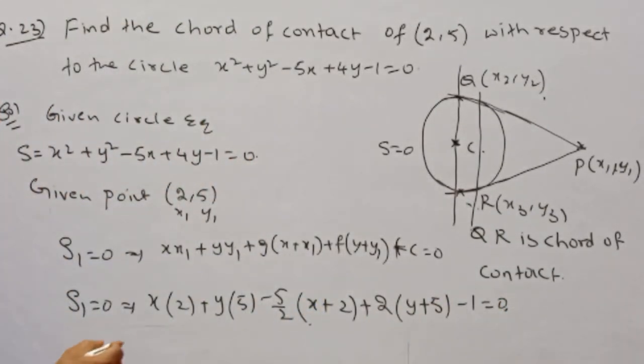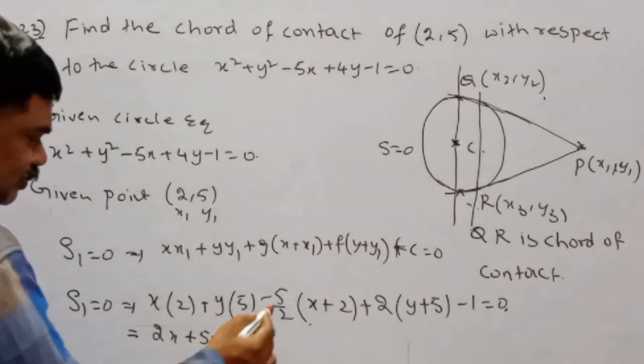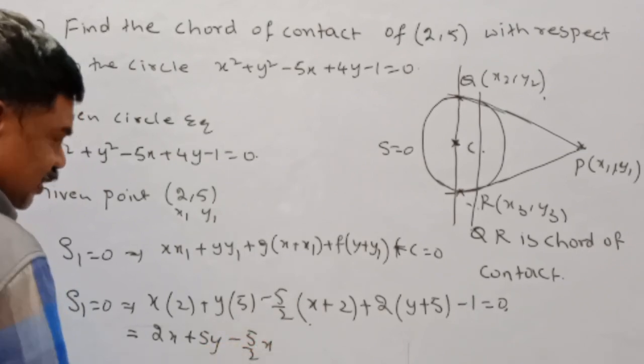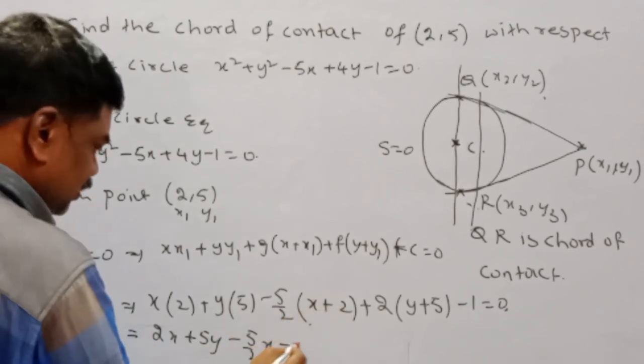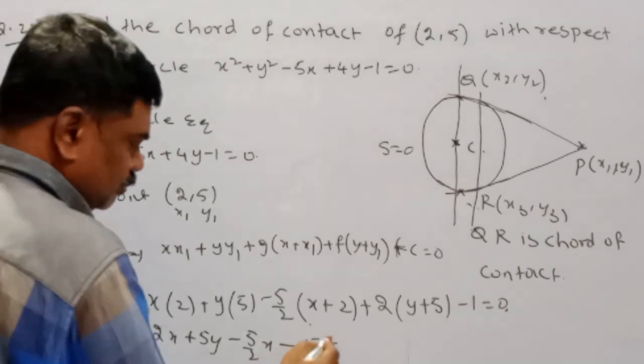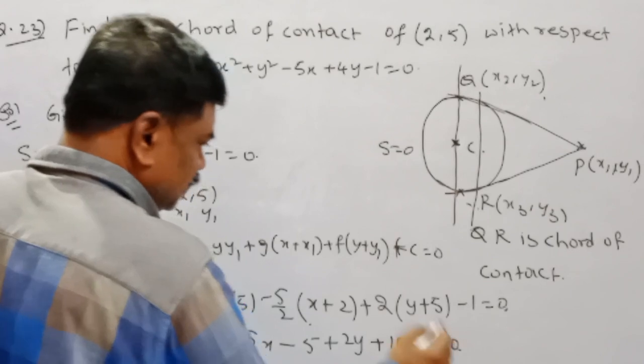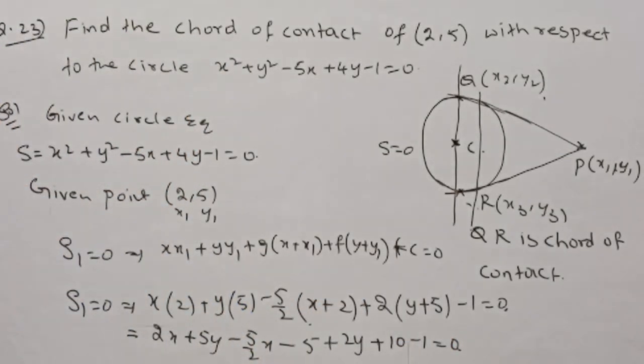By simplification, this is 2x plus 5y minus 5 by 2x, minus 5, plus 2y, plus 10, minus 1 equal to 0. Okay, all of you?